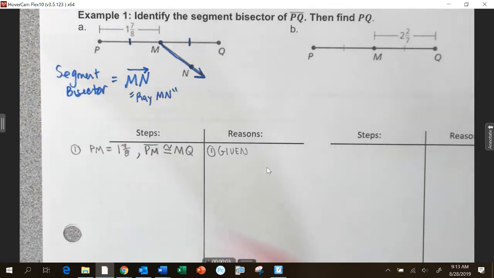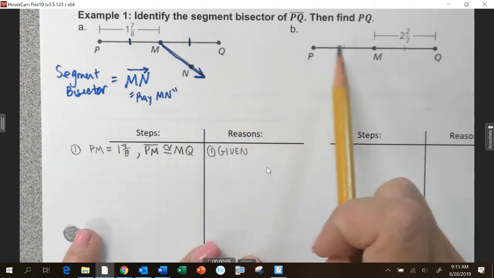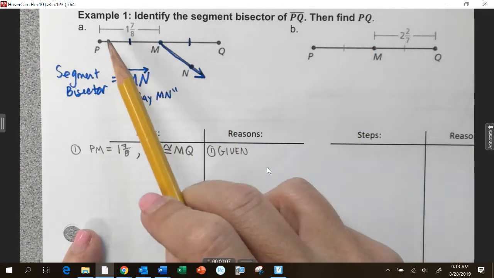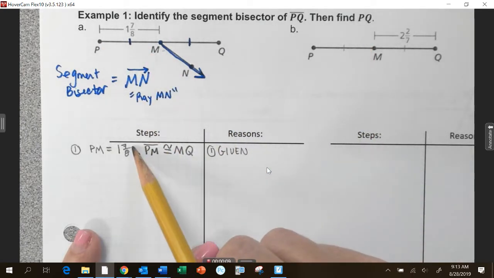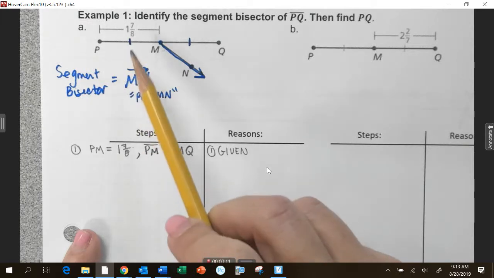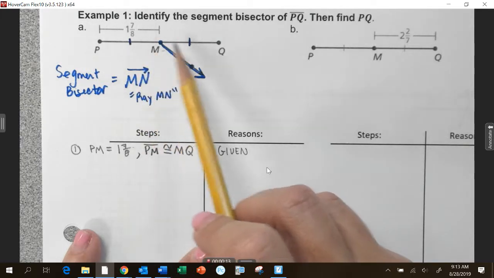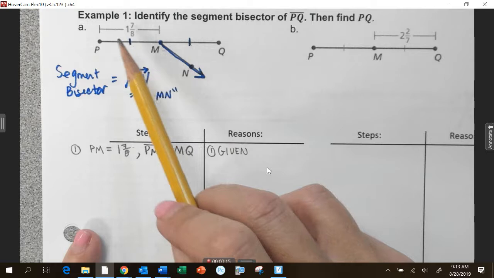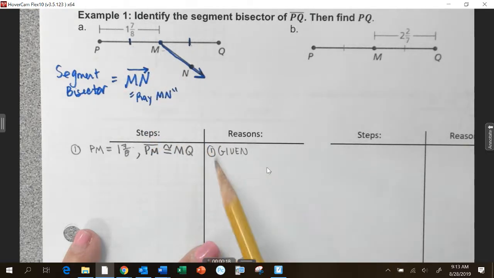Okay, so we are trying to find the length of PQ. We know PM is 1 7/8, and we also know from our picture that PM is congruent to MQ. We know that from the picture. So all of that information is given to us.